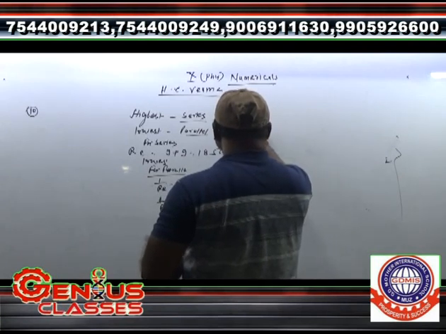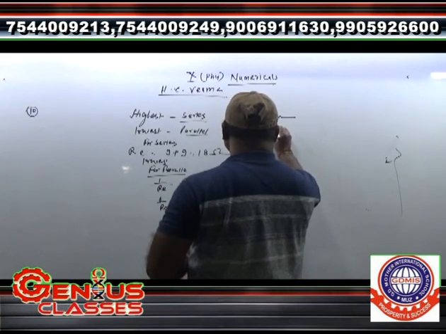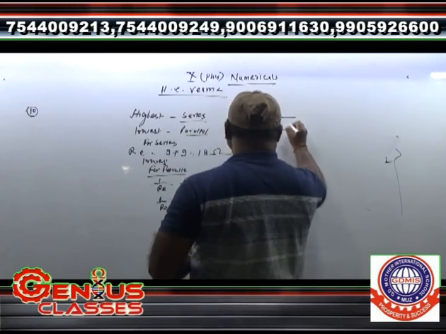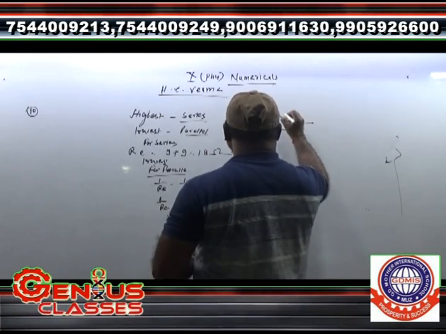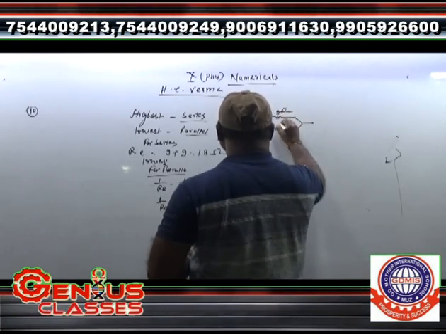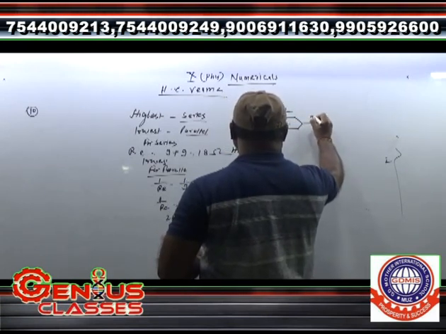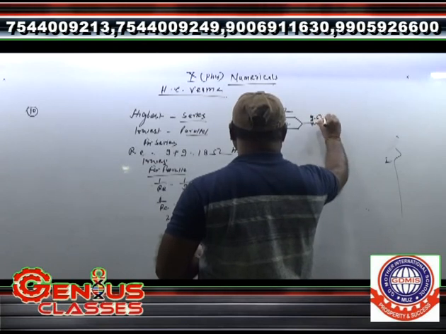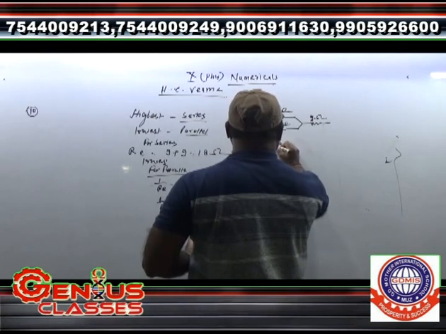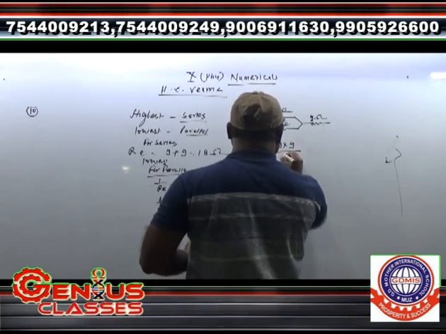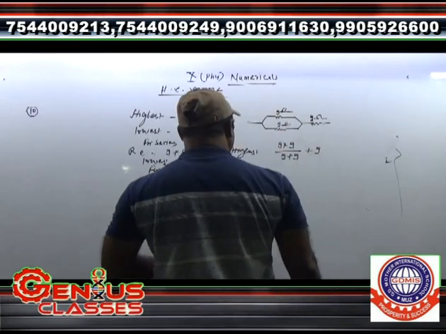So 2 resistors should be in parallel and here it is 9. So here it is equivalent like this, 9 into 9 over 9 plus 9, plus this one.